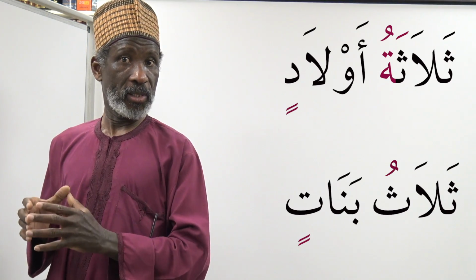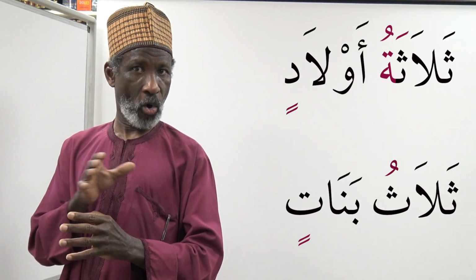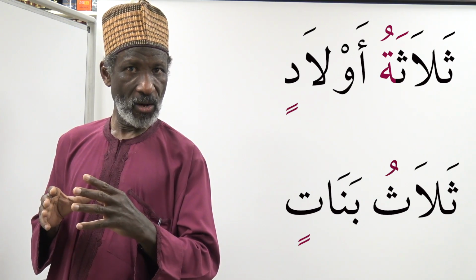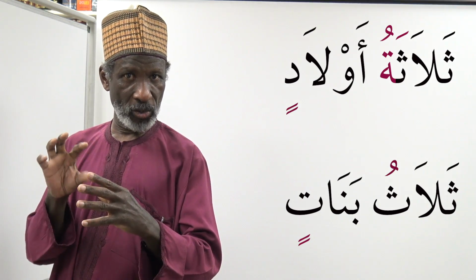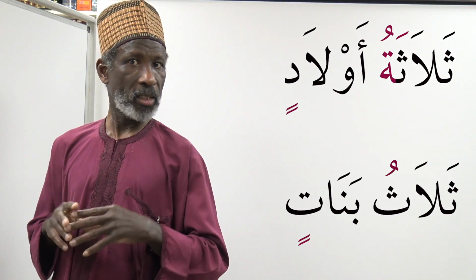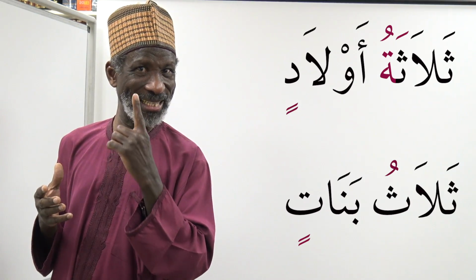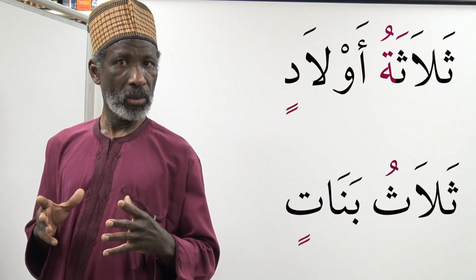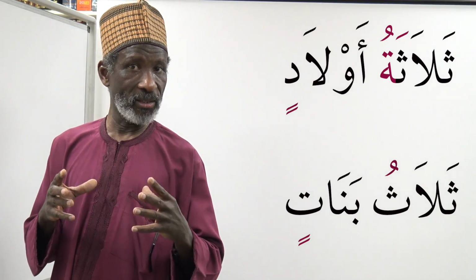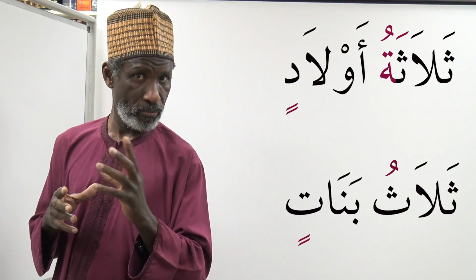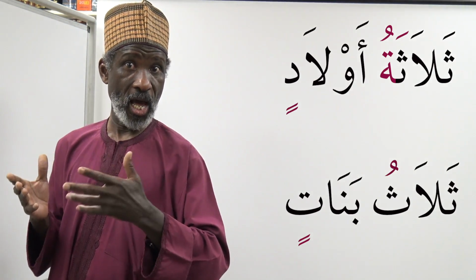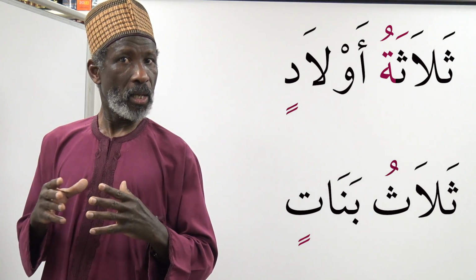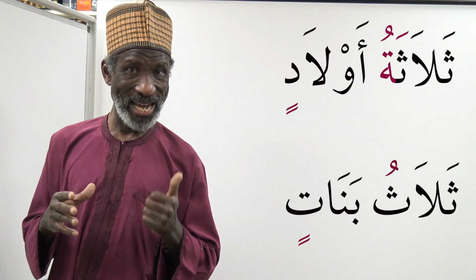The numbers themselves in this construct, the case ending of them, and we're using number 3 as an example, has to take a single vowel. That single vowel, depending on what is happening in the sentence, may be nominative, may be u, like ثلاثة أولاد, ثلاث بنات.